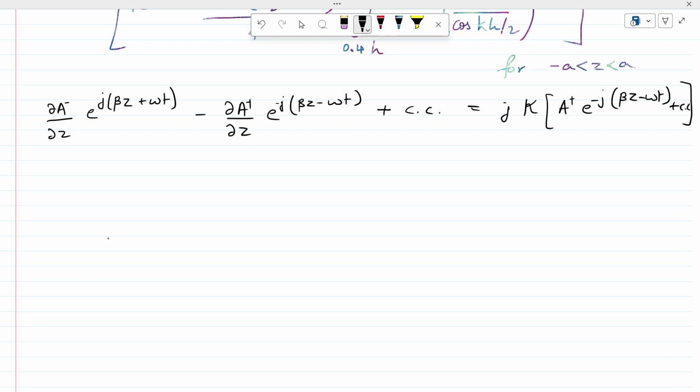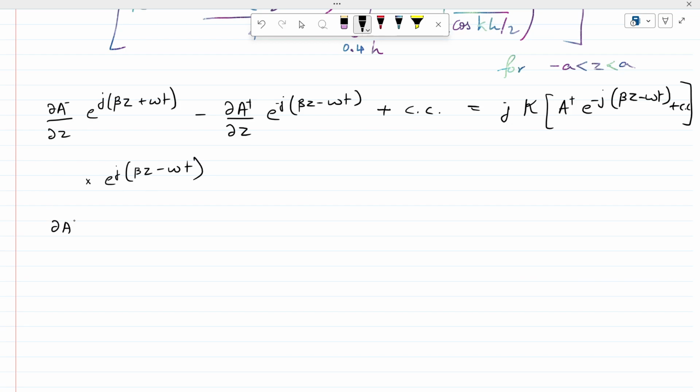So now if I multiply by e power j beta z minus omega t on both the LHS and RHS, then what will I get?